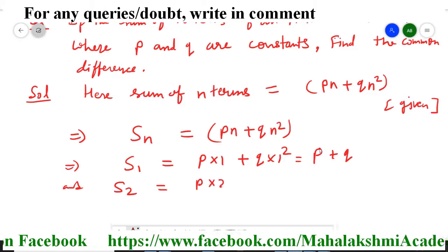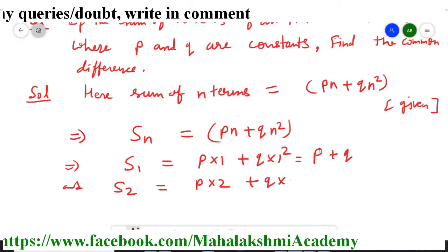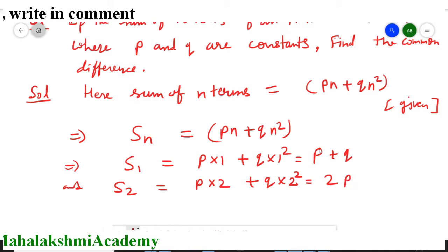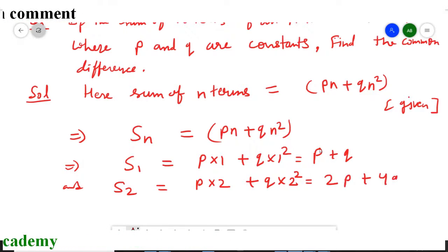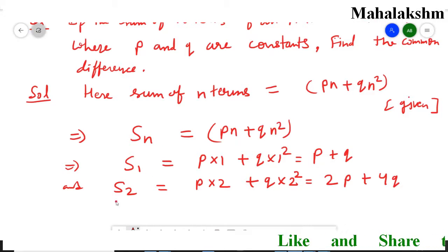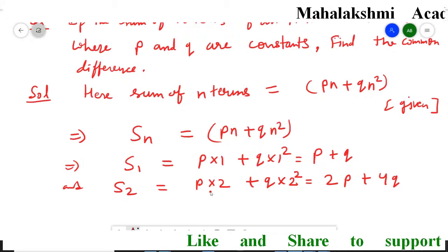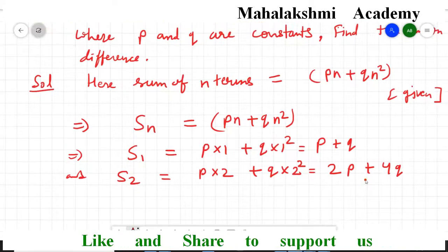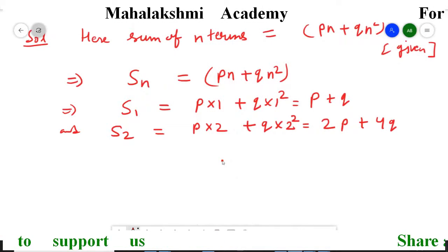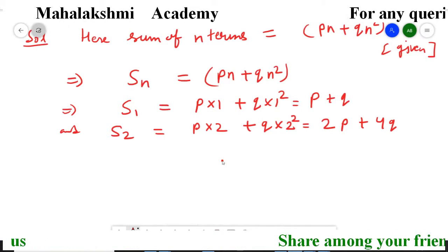So P multiplied by 2 plus Q multiplied by 2 square gives us 2P plus 4Q. I hope it's clear to you. With the help of Sn I calculated S1 and S2. Now with the help of these two we are going to calculate the first term and the common difference. Now let's see how.